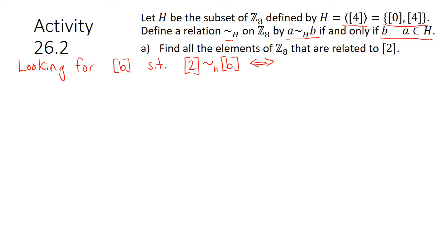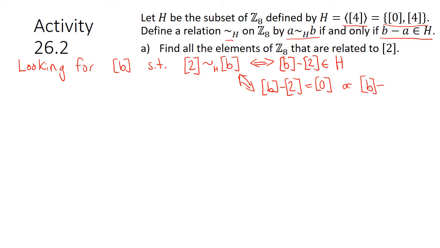That would mean B minus 2 is in H. Or another way to say it is B minus 2 equals 0, or B minus 2 equals 4.